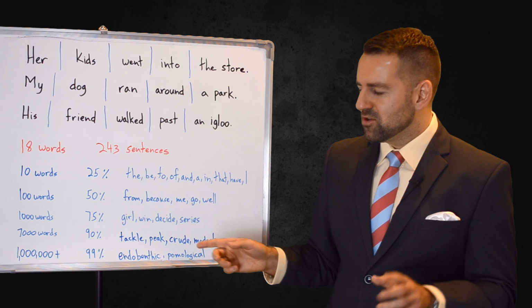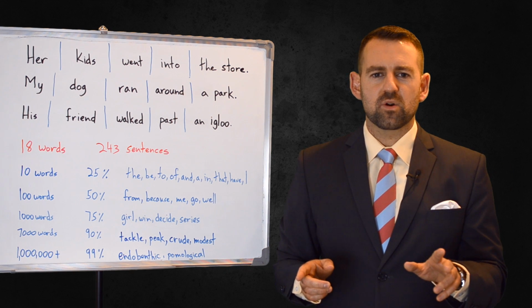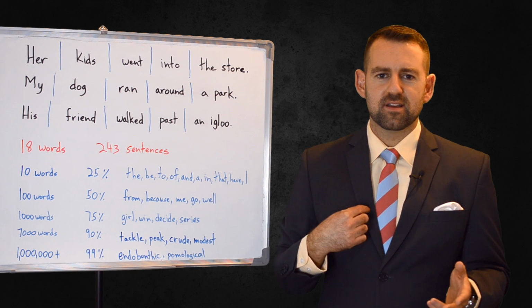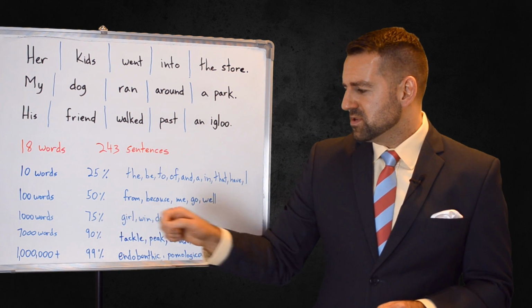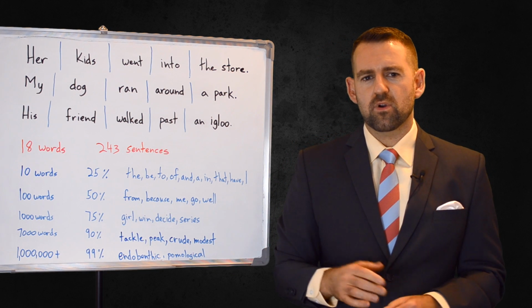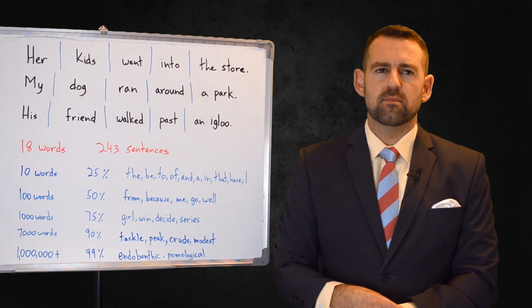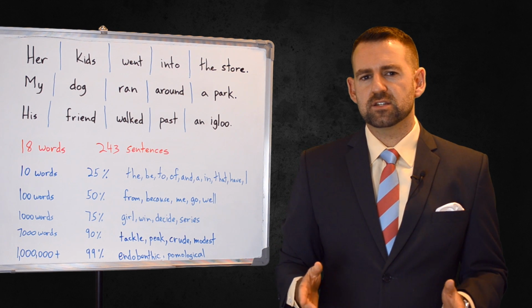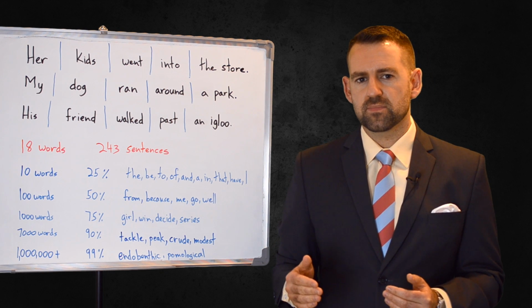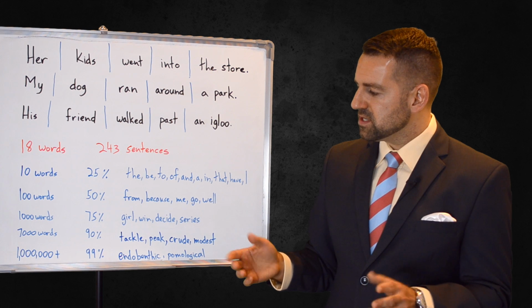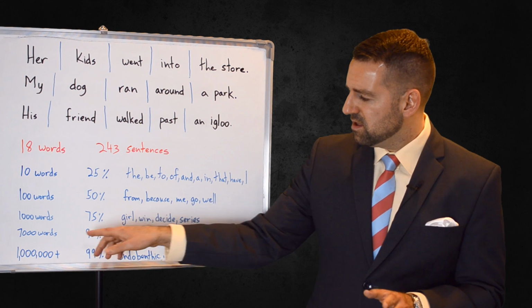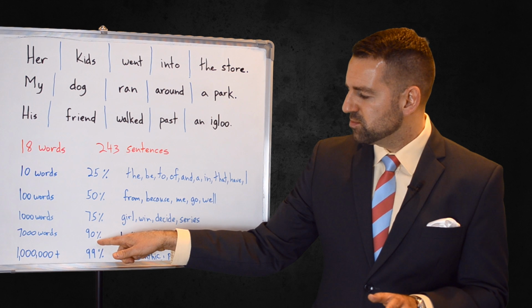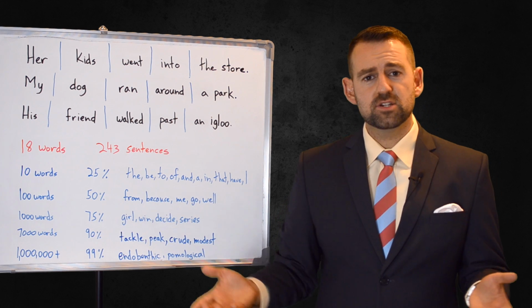Okay, you might be wondering how many words I know. Definitely not 1 million. I would say I know roughly maybe 10,000, 10 to 15,000 words. Okay, so that's not very many. Look, that would maybe be 92%.